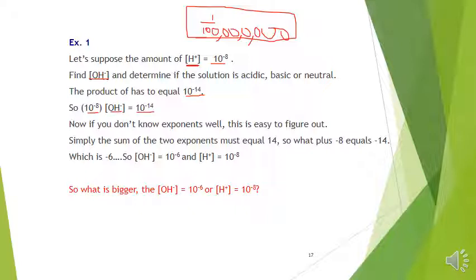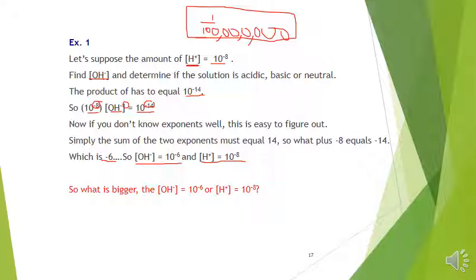Right, now if you're not familiar with exponents, as I just told you, the exponents added together have to equal minus 14. So minus 8 plus what will make minus 14? Okay, it's minus 6. So OH minus is 10 to the minus 6. H plus is 10 to the minus 8th.